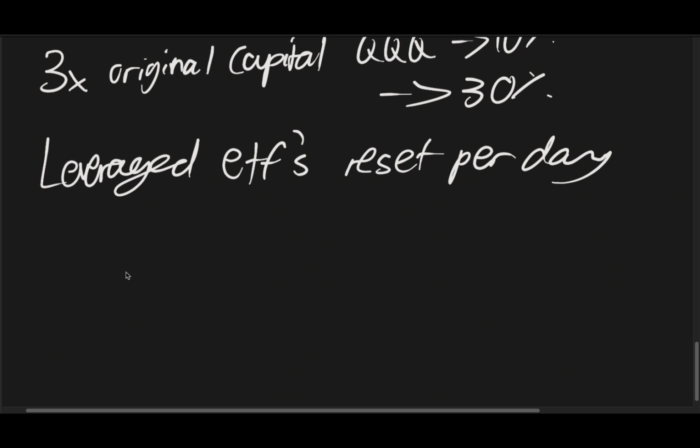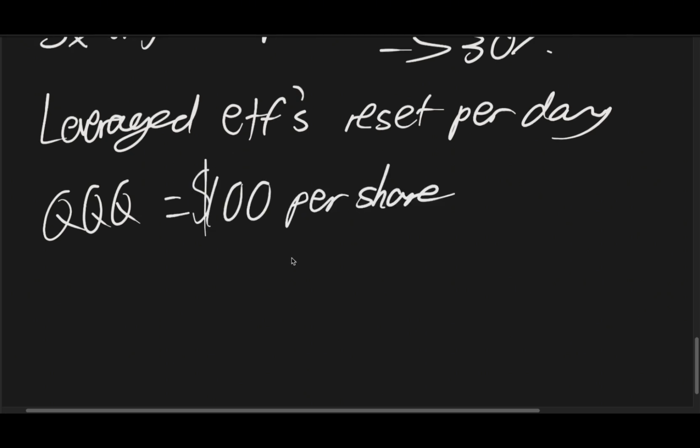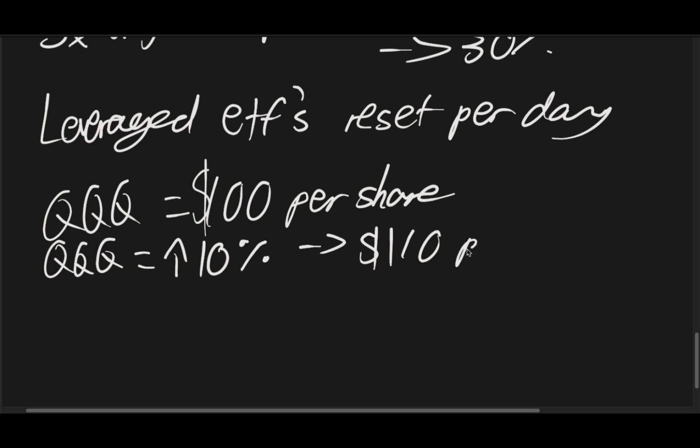Because let's say the original asset, QQQ, let's say QQQ is at $100 per share. Now, let's say QQQ goes up 1%. Let's make it easier. Let's say 10%. It becomes $110 per share. Okay, let's say one day it goes up 10%.